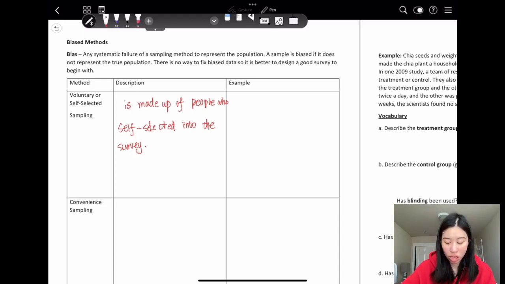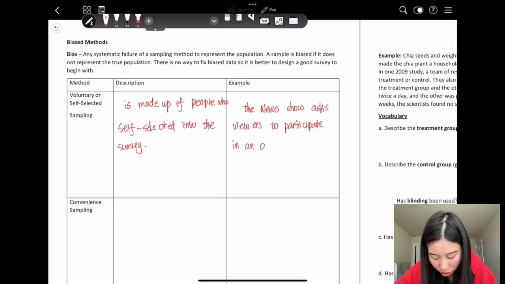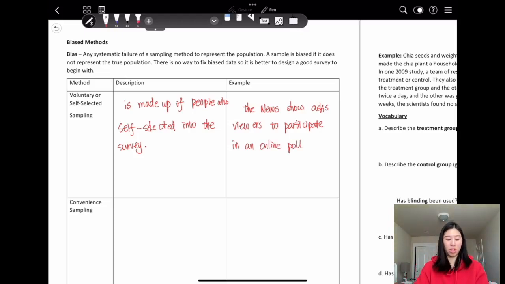So for example, a news show asks the viewers to participate in an online poll. This sample is chosen by the viewer, not by the survey administrator.